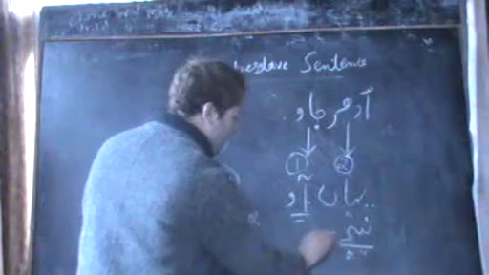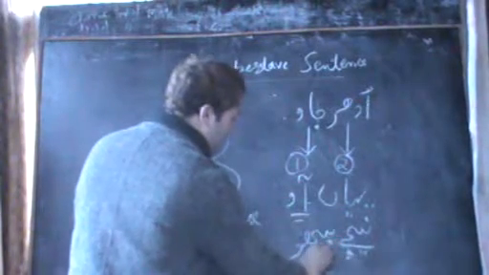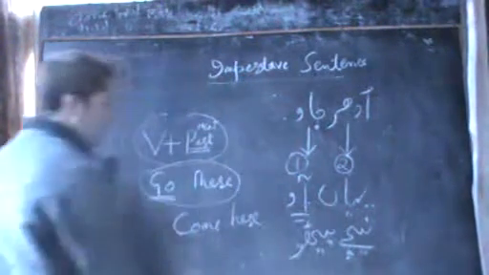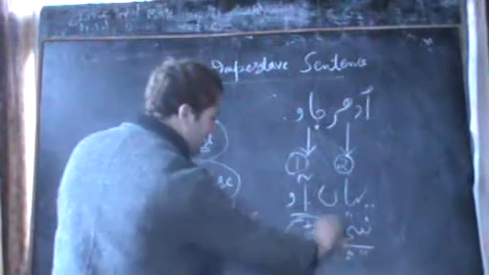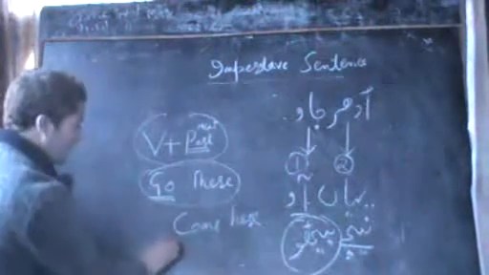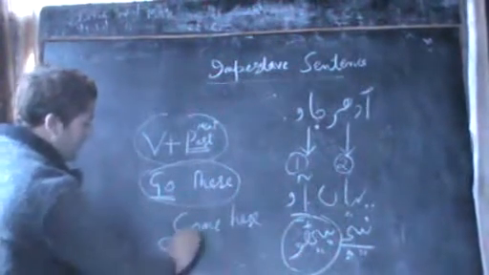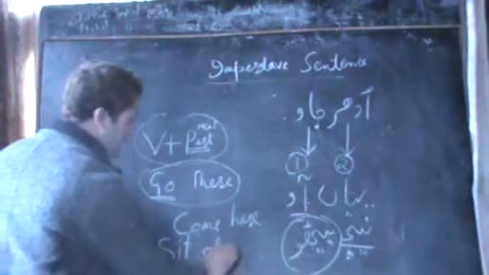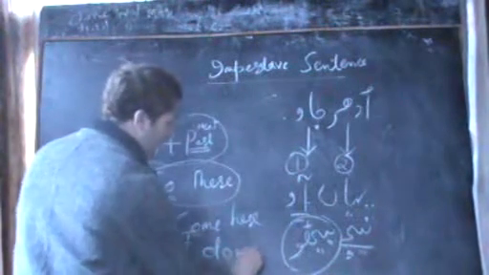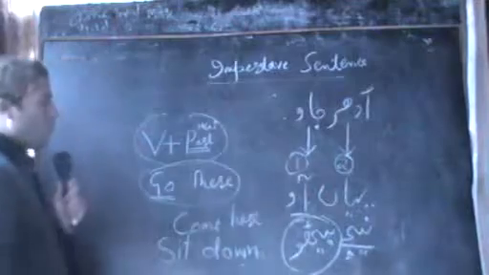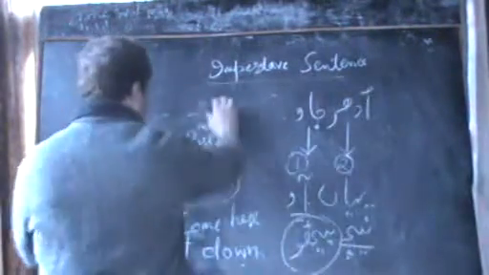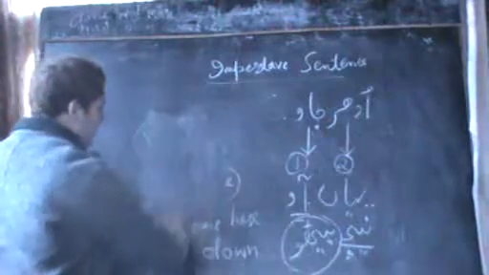So niche baitho. So first the baitho is verb here. It will be sit. First we'll bring here sit, and then we'll write sit down. Sit down.